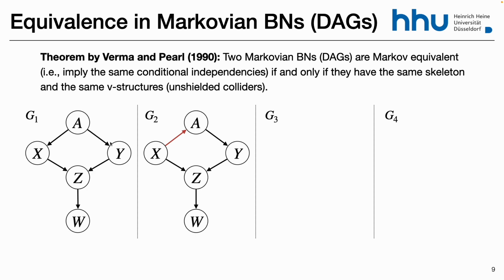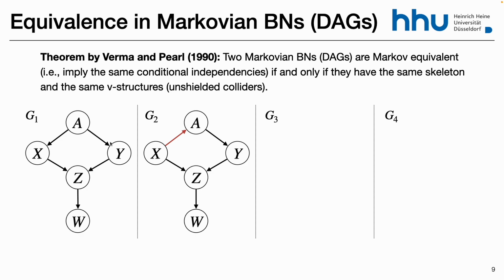Exactly the same, because when I changed this direction here, I'm not creating any collider. So I don't need to write all the factorizations and check what the independencies are, or even apply d-separation and see what conditional independencies are implied and check if this is the same as this one.